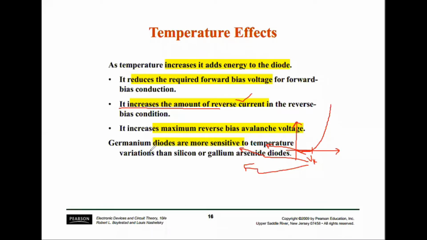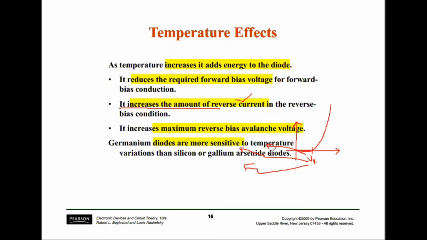Similarly, it is written here that germanium diodes are more sensitive to temperature. So if there is some variation in the temperature, germanium diodes will be more sensitive and their characteristics will change.